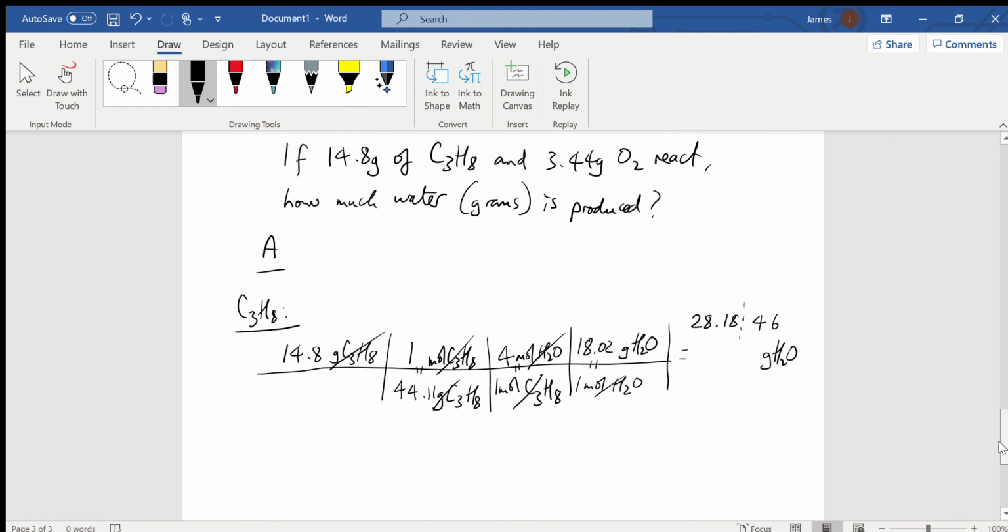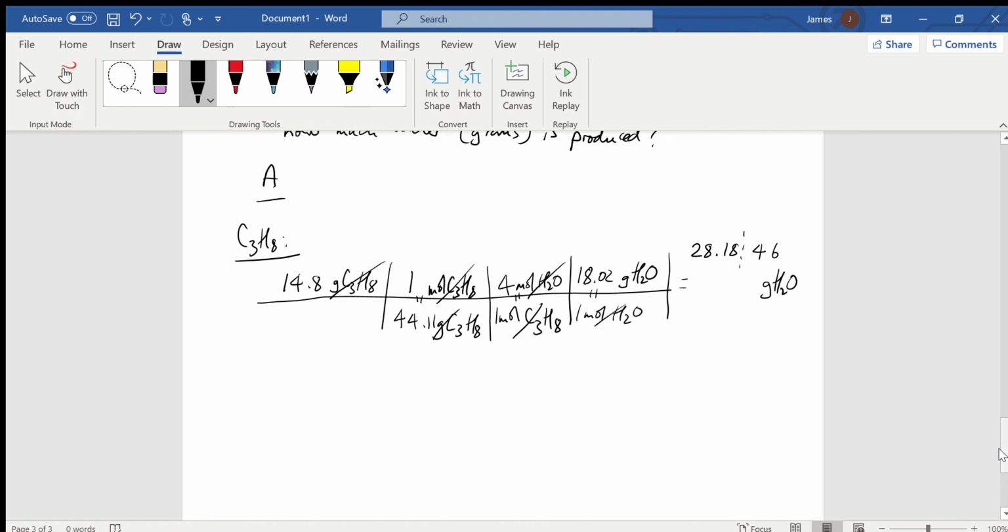Let's do a similar calculation with our oxygen contender. So we're going to have a similar dimensional analysis calculation. Again, I want gram of water. So I start off the same, 18.02 gram of water is 1 mole of water.